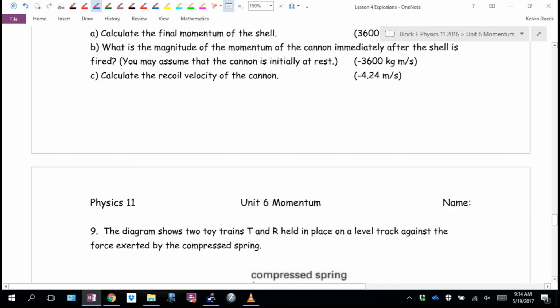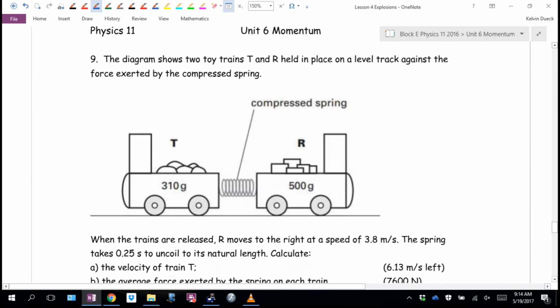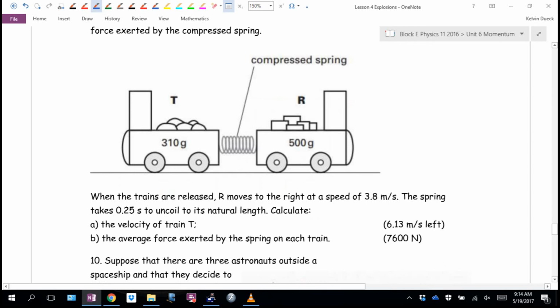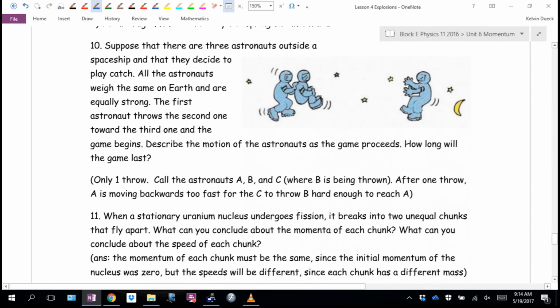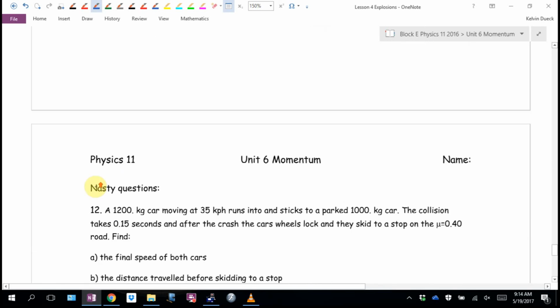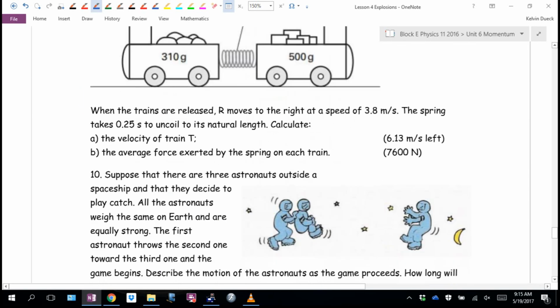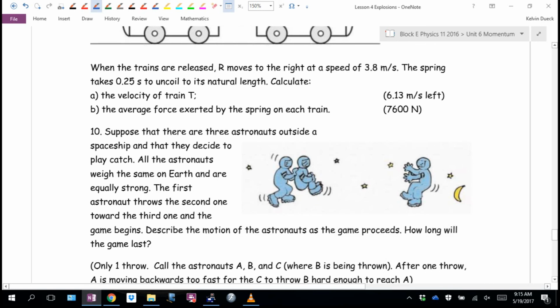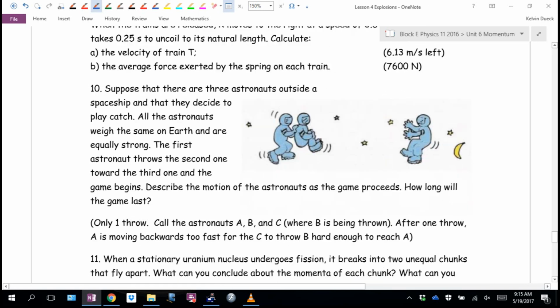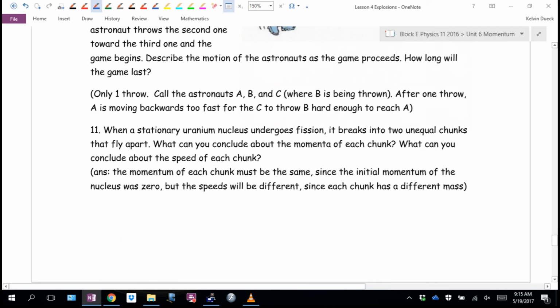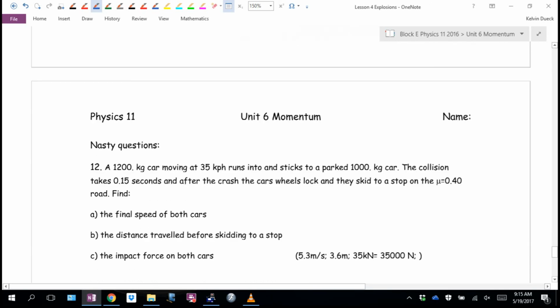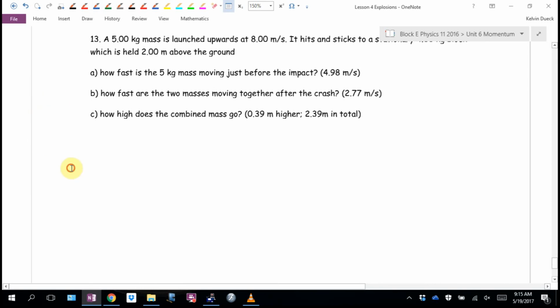Try 8. We'll do 9. Uranium fission. You know what? We'll pause here. Give you some questions to try, but not much homework for the weekend, okay?